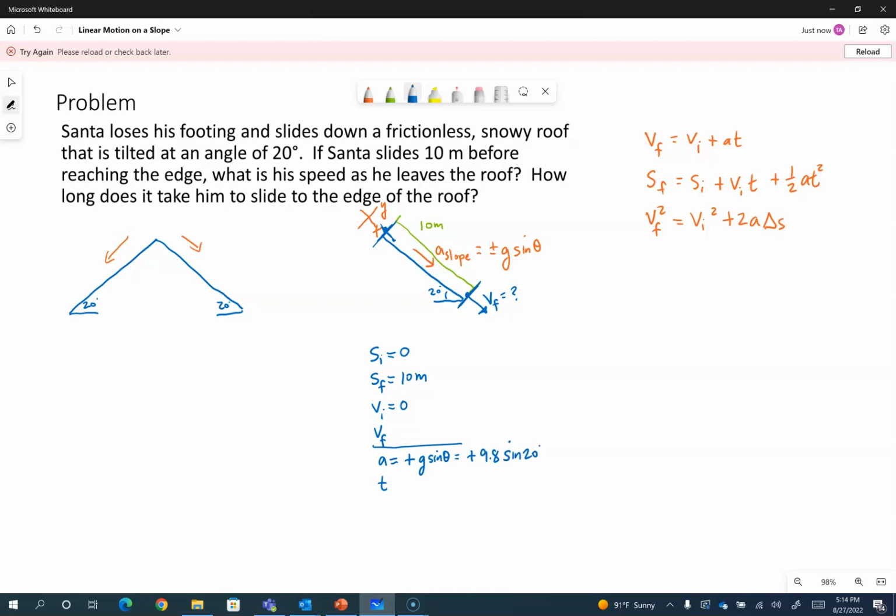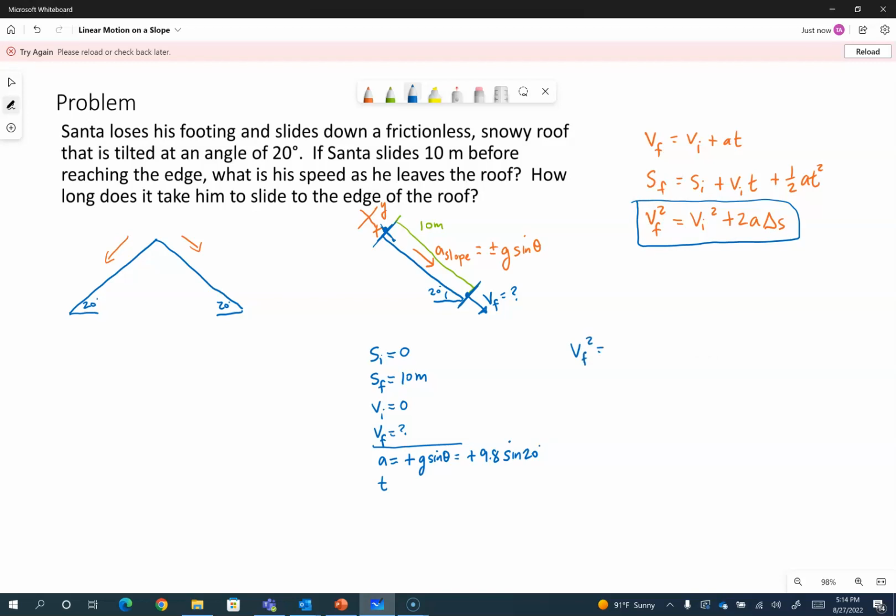They don't give us anything about time, nor do they ask for it. We do want to find this final speed as he is leaving the roof. Because there's no time given, I want to see if this third equation will work. There's no time in it, so if it works, then awesome.